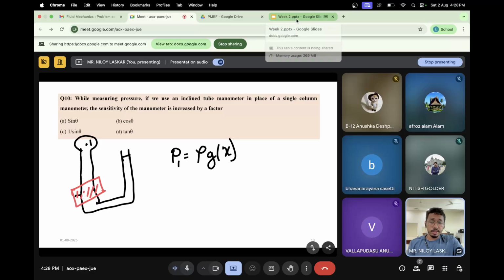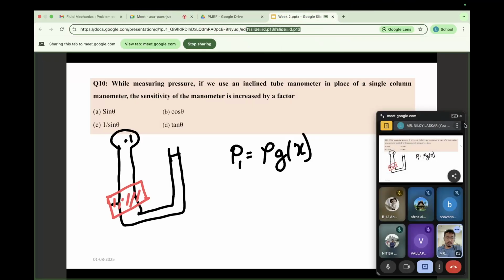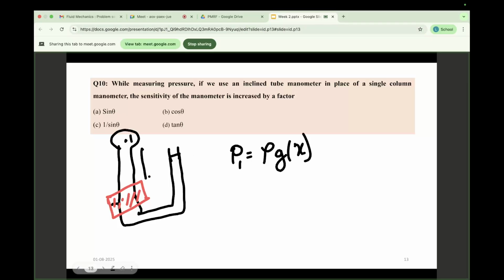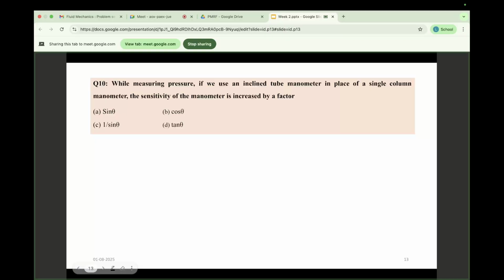If you are facing any confusion, just tell me because it's a new concept for you. So I just consider this change, okay, I make it simpler for you, then it will be quite easy to understand.